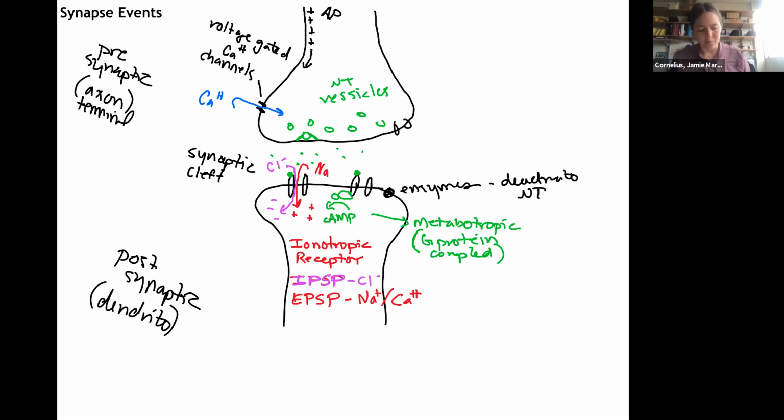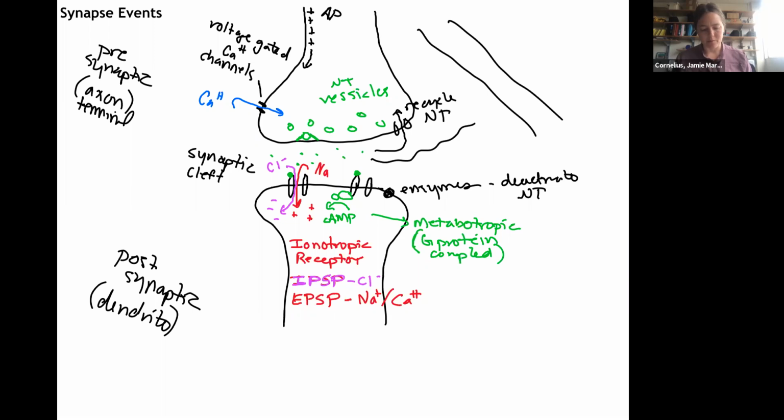There are recycling proteins that recycle the neurotransmitter back into the presynaptic cell, which is pretty useful. There are also other cells and blood vessels nearby, and the neurotransmitter will sometimes diffuse into the blood vessel, where it'll be cleared by the blood and processed by the liver, somewhere down the road, and recycled into its component parts.